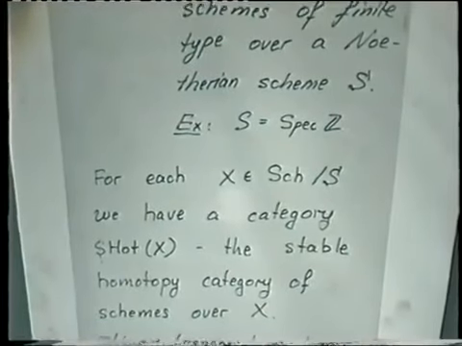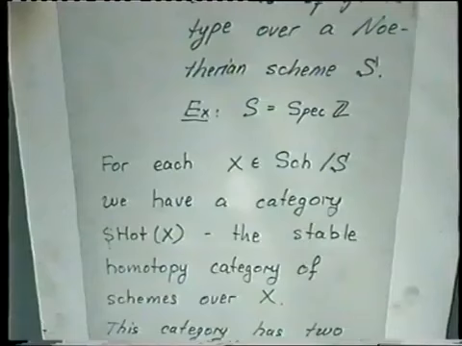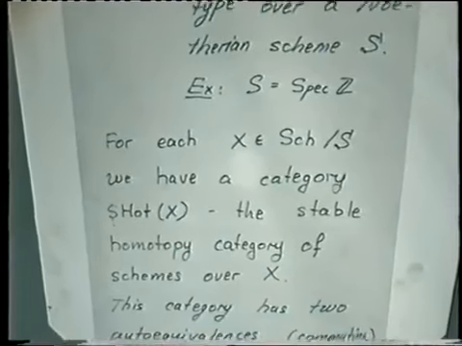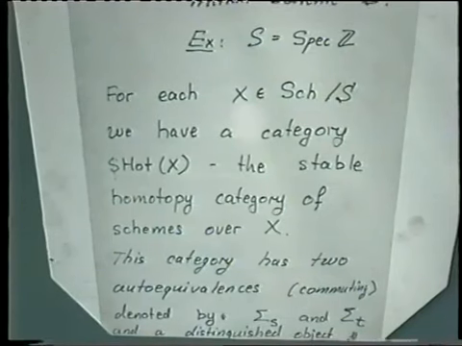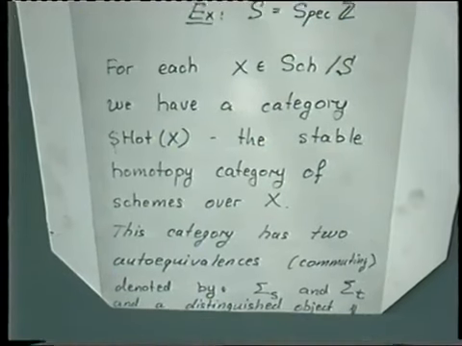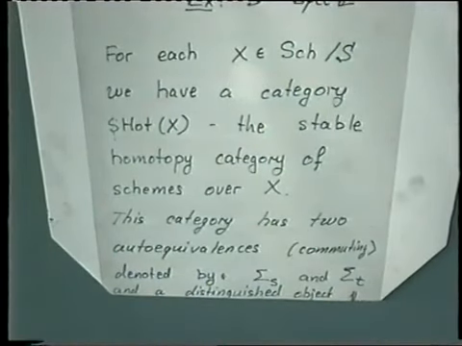The picture looks as follows. For each object there, we have a category. This beginning is taken directly from the idea of Motivic sheaves.